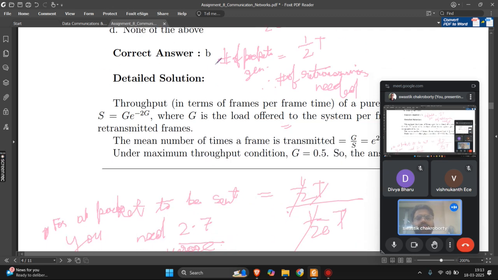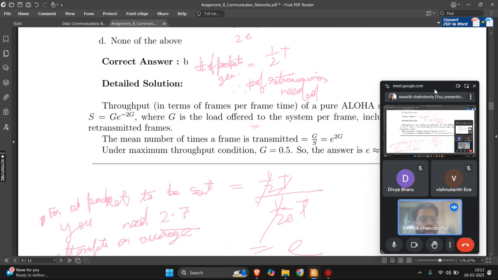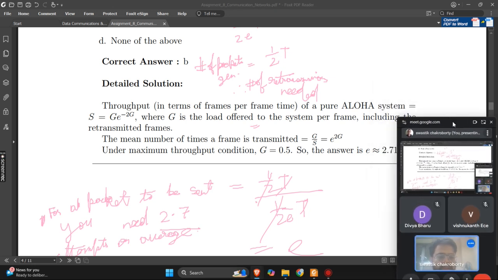Here, if we look at the technical language, throughput can be seen in terms of frames per frame time. The throughput of a pure ALOHA system is G e to the power minus 2G. Frames per frame time means, for each frame duration TFR, how many frames are actually getting transmitted.